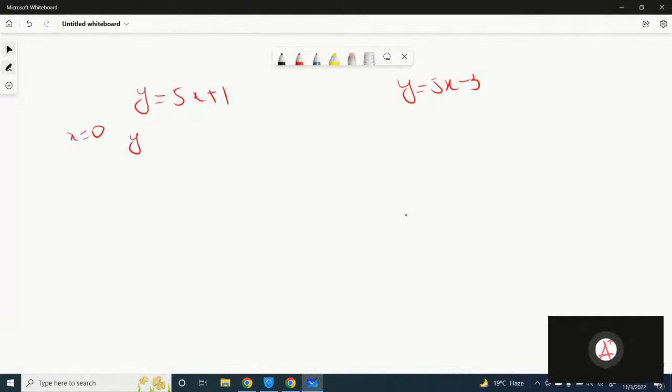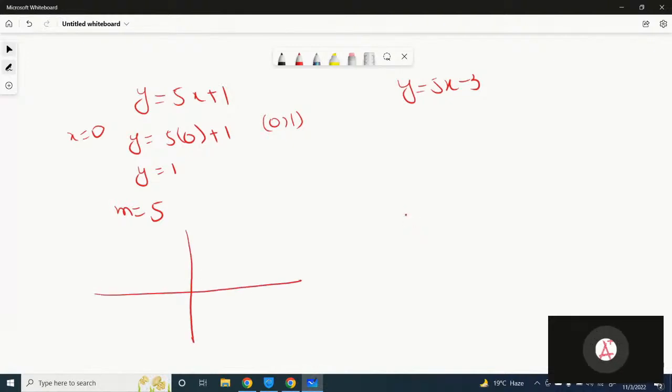So y equals 5 times 0 plus 1, so y equals 1. That means when x equals 0, y equals 1. That would be one point on the graph. The slope is 5. So let's just plot the graph of the equation. X is 0, y is 1, and the slope is 5 units.